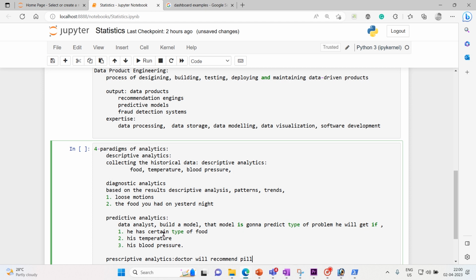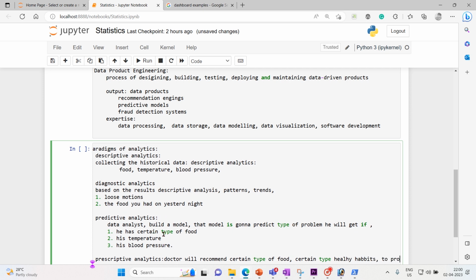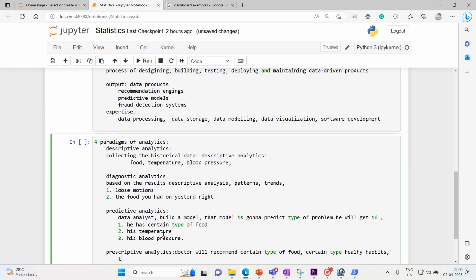And some pills, or the doctor will recommend a certain type of food and certain healthy habits to protect you, or to prevent that from happening again.